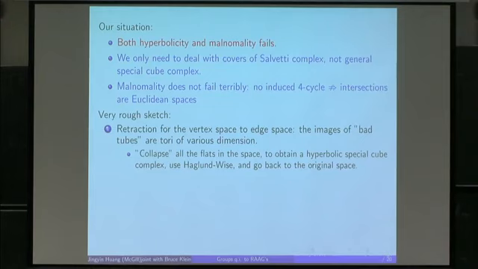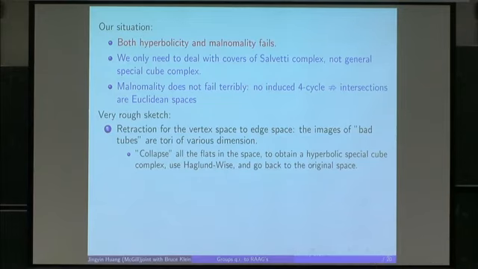It does not rely on small cancellation theory, because in this case there's no way to do small cancellation theory. These flats intersect in a very complicated way, but since it's a RAAG, there's something related to the right-angled building we can use to do this collapse procedure.